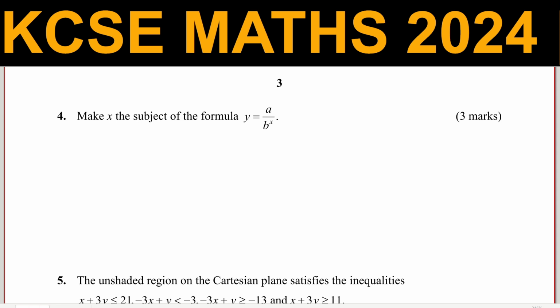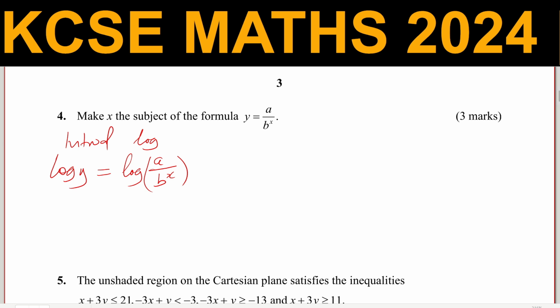Introduce logarithm on both sides of the equation, so that on the left hand side you have logarithm of y is equal to logarithm of a divided by b raised to power x. After doing that, you need to recall some basic laws of logarithms that are going to help you finish this question.